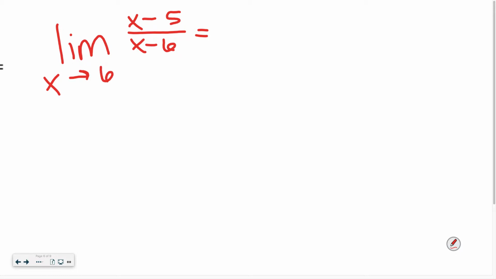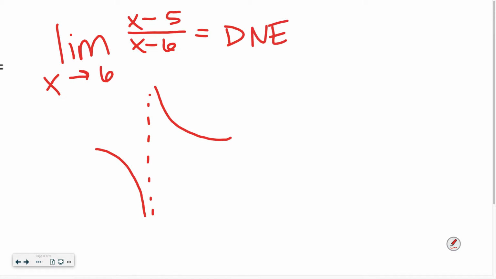On one side we're going up, and on the other side we're going down, so this limit doesn't exist. We cannot use L'Hopital's rule on this because it wasn't indeterminate. I really need you to be thoughtful about whether we have an indeterminate form or not. I want you to see the difference between 0 over 0, and 1 over 0, which is nothing.